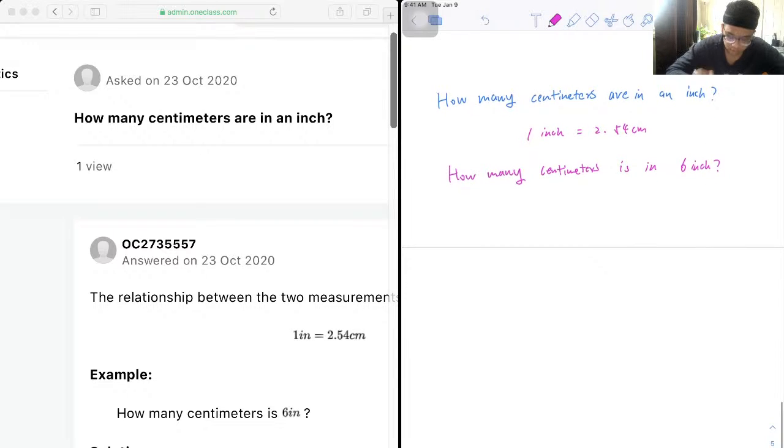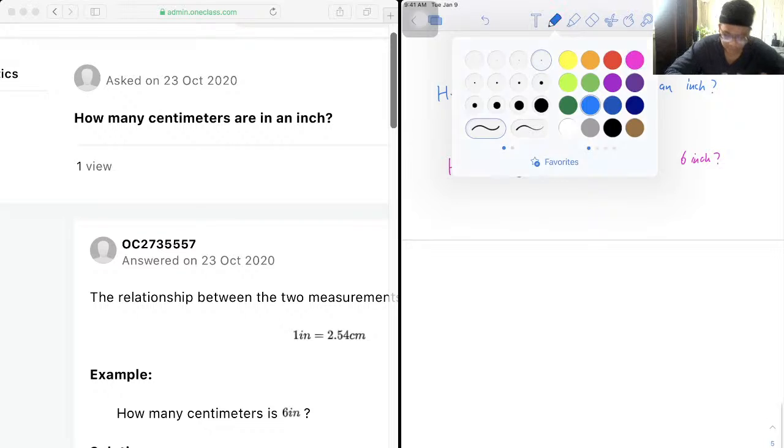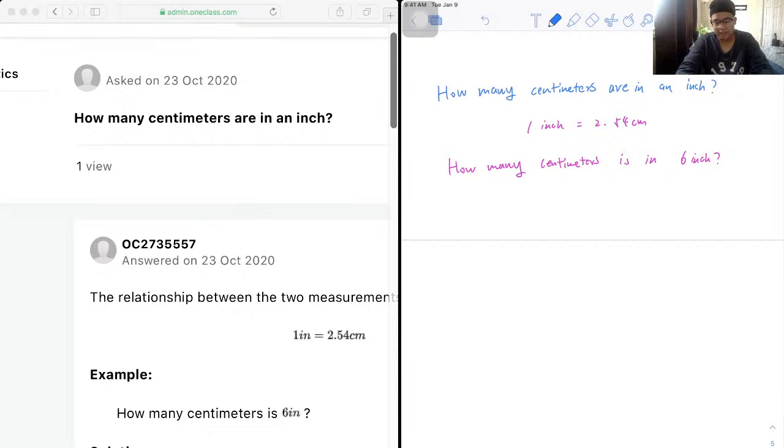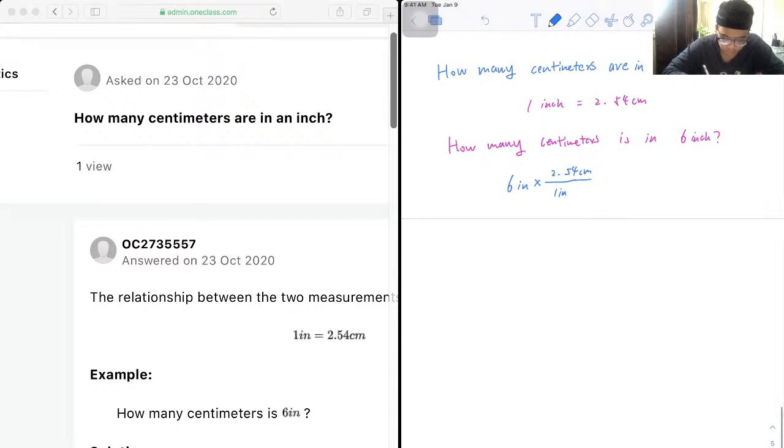right? So whenever we come across a question asking us to convert one unit to another unit, we always need to think about the conversion factor. And so in this case, we just use 6 inches times the conversion factor, which is 2.54 centimeters over 1 inch.